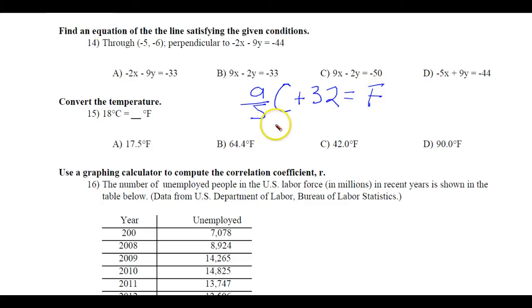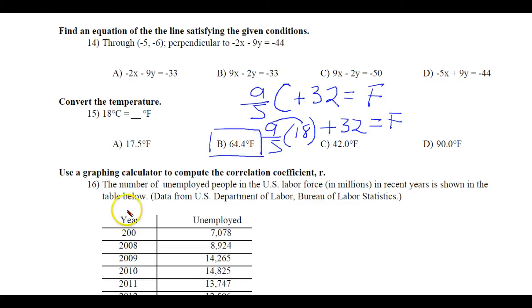So we're going to go 9/5 times 18, which is our Celsius reading, plus 32 will equal our Fahrenheit. Well, we multiply this, divide by 5, add 32, and we end up with exactly 64.4.